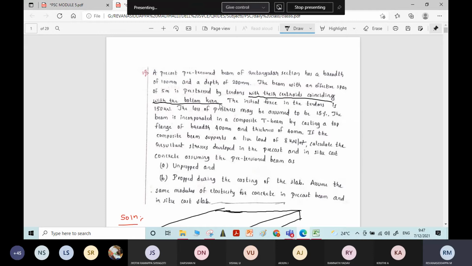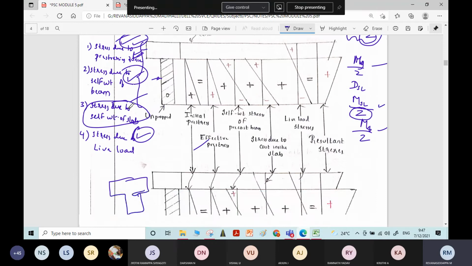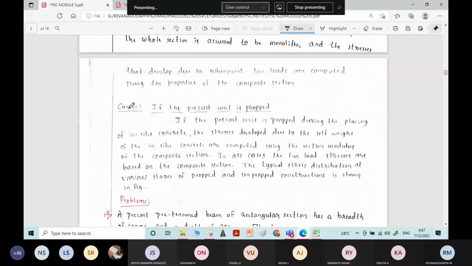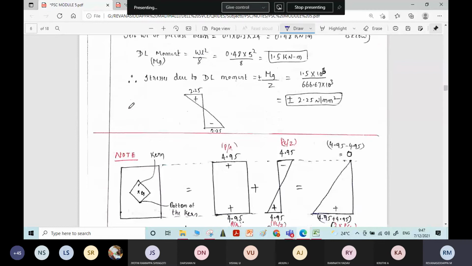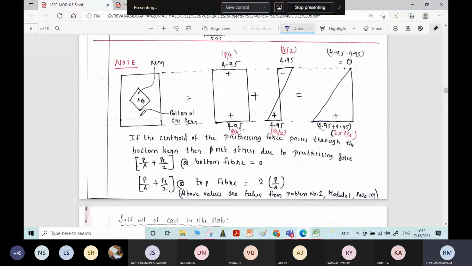Okay, let me explain what is the meaning of kern. Here I have written some note in the course material. I think in the second module I have explained about the kern. Once more I will explain it now for understanding. See, bottom kern is this trapezium, what I have written now.